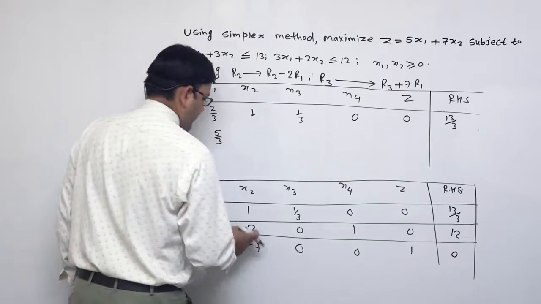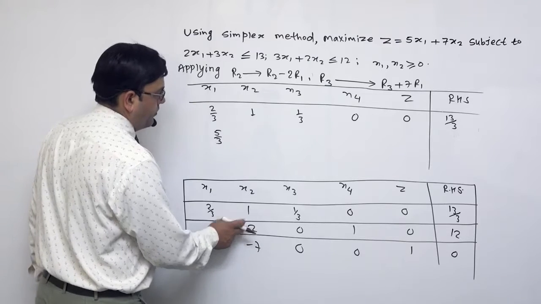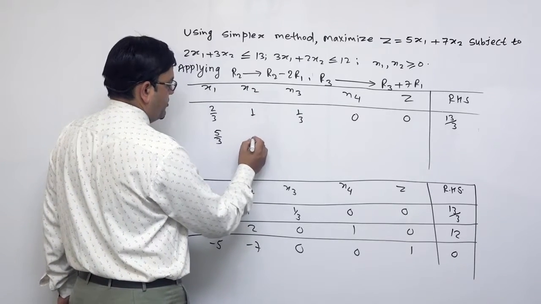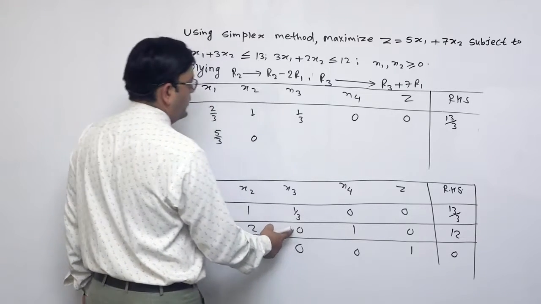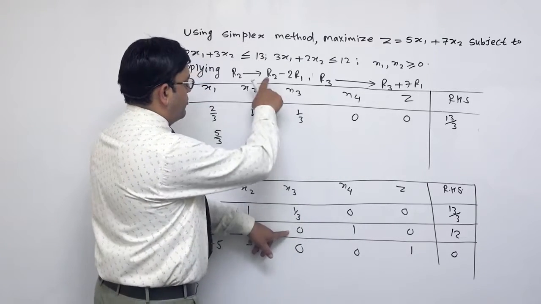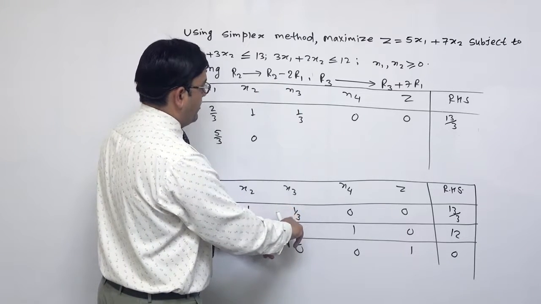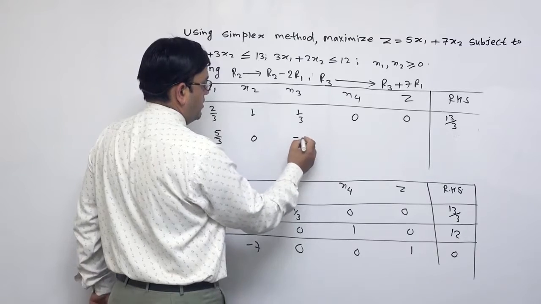Similarly we have here 2 minus 2R1 means +2. So 2 minus 2 is 0. So here 0. This is R2. हेर्नुस् है, 0 minus 2 times 1/3 means minus 2/3.